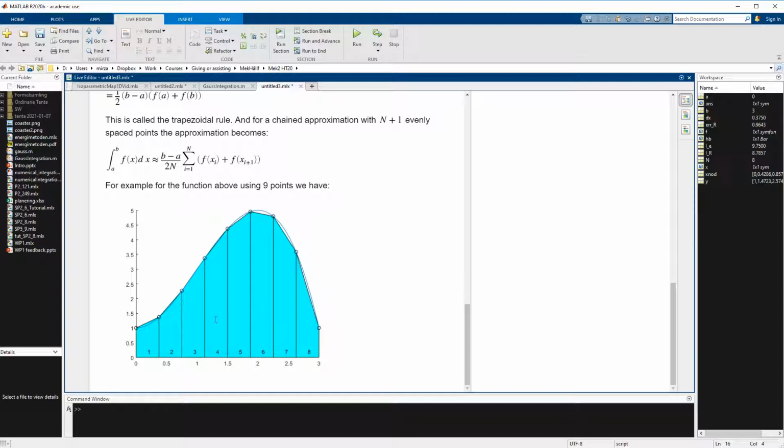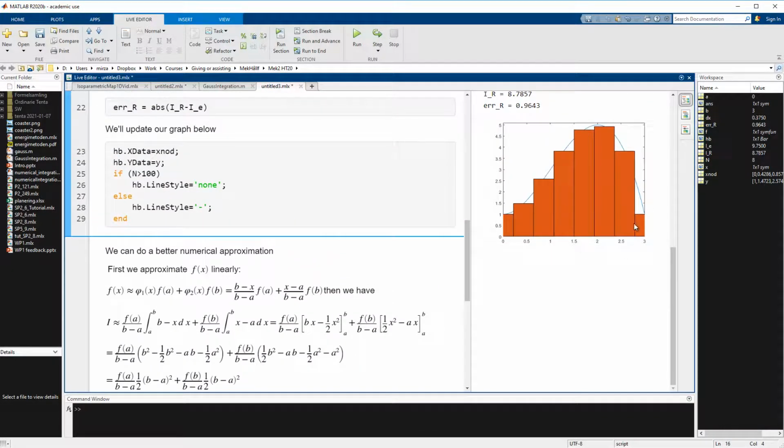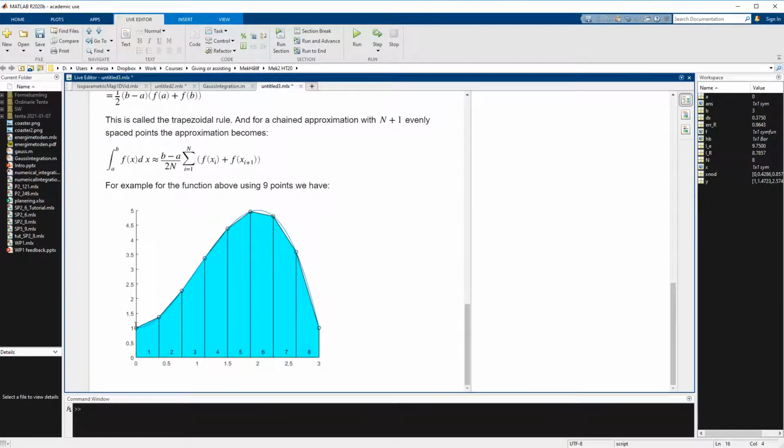So the trapezoidal rule, while using the same amount of evaluation points, will yield a much better fit, geometrically much better. So basically a better integral, or a smaller residual area.